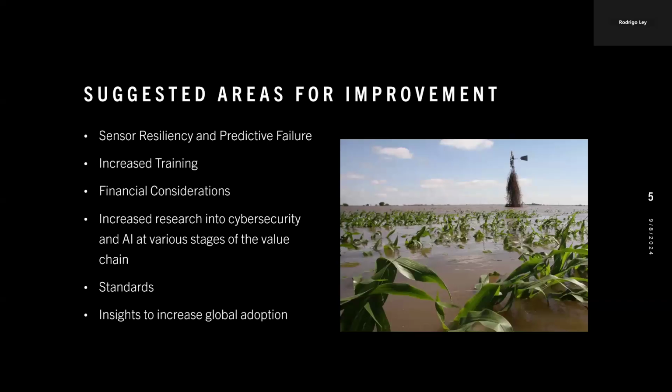Next is the financial considerations of smart farms. As you can imagine, it might get pricey to upgrade a traditional farm to use IoT. You have considerations, everything from network connectivity, cloud computing, the on-site devices, the processing power and expertise needed, and as I just mentioned, also the training that's needed.